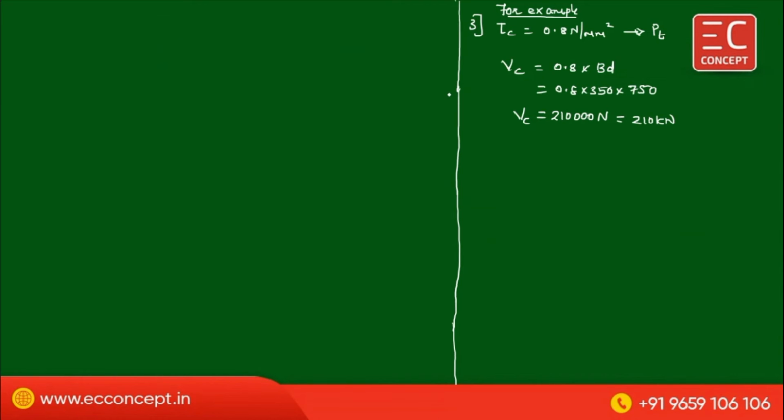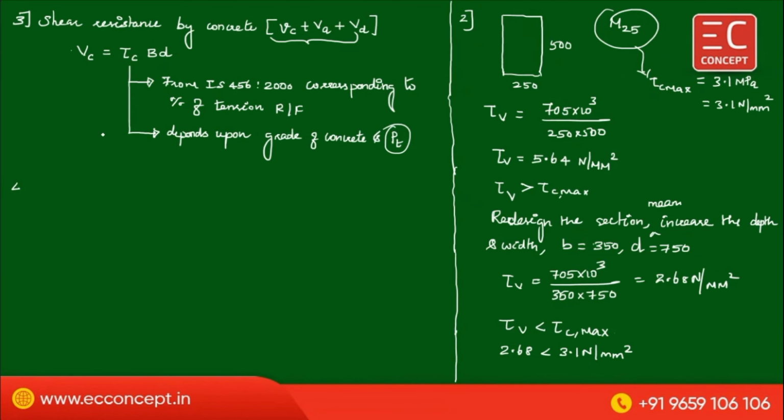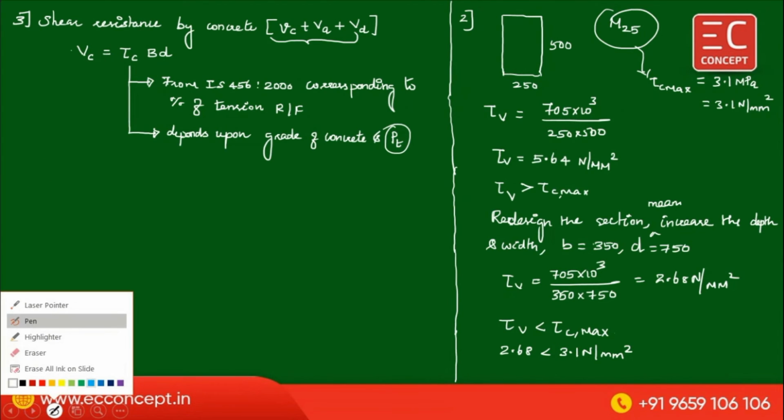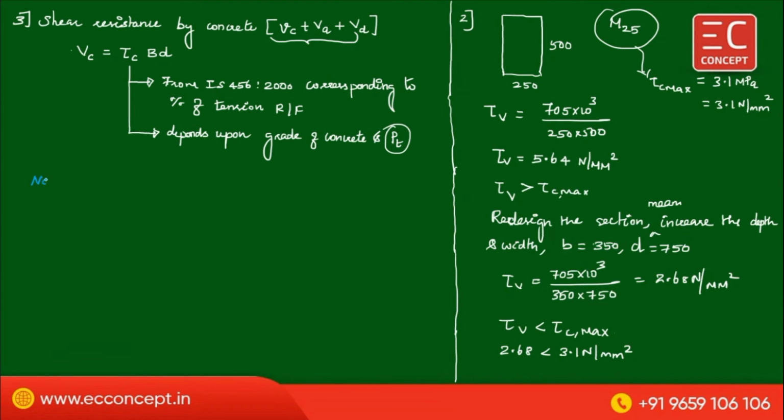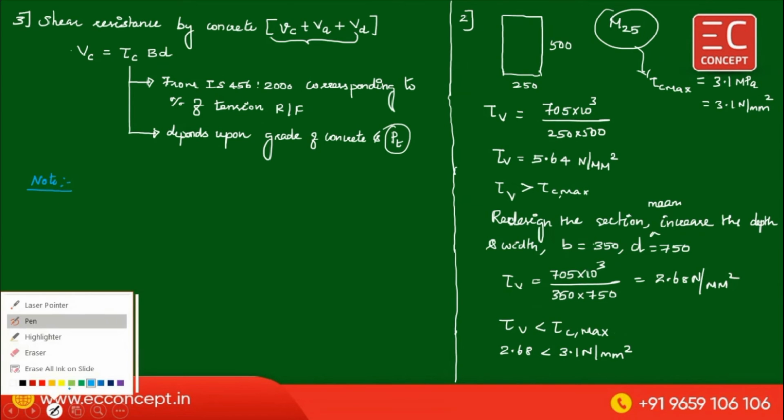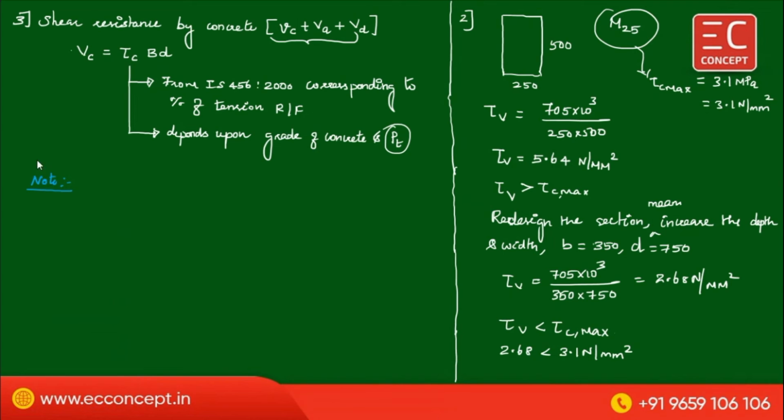Now some of the important points that you have to keep in your mind under this. So note, I'm writing here note. Under note, we are going to see point number 1. So the first point is, we calculated tau C, right?